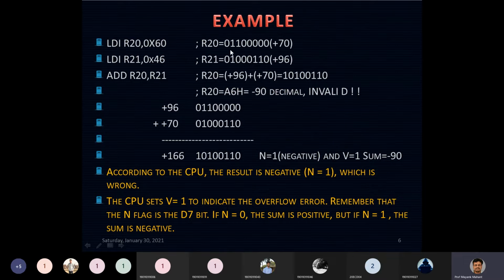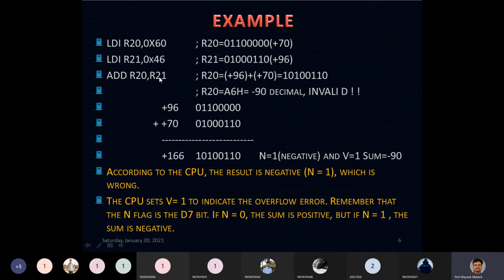You can see here I have considered it as 0x60, which is hexadecimal 60, but it is interpreted as plus 96, because 1100000 is nothing but plus 96. In the same way, R21 gets 0x46. So 0x46 is nothing but 1000110, which in decimal is equal to 70.